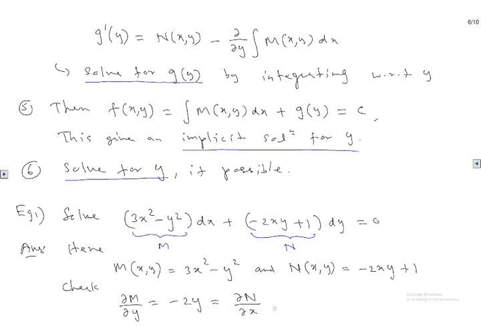So yes, this implies an exact equation. So this is an exact differential equation. In other words, there is a function f(x,y) equals constant that satisfies the two partial derivative conditions. The goal is to find that function, so we're going to follow the steps.